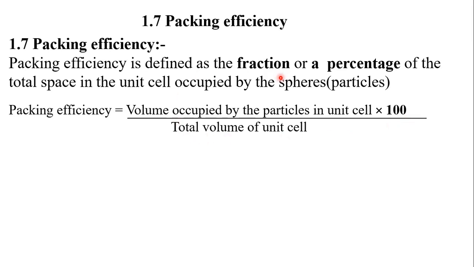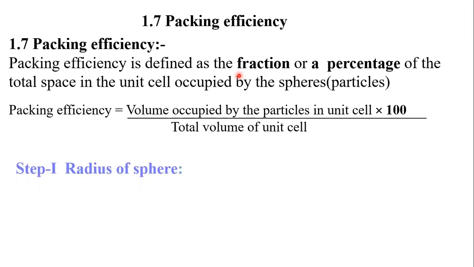So the formula for packing efficiency in percentage is the volume occupied by the particles in the unit cell divided by the total volume of the unit cell, into 100. And if you want only the packing fraction, then it is the volume occupied by the particles in the unit cell divided by the total volume of the unit cell.